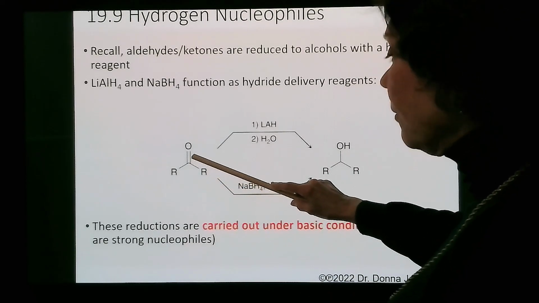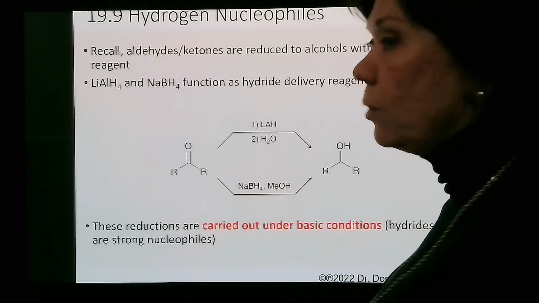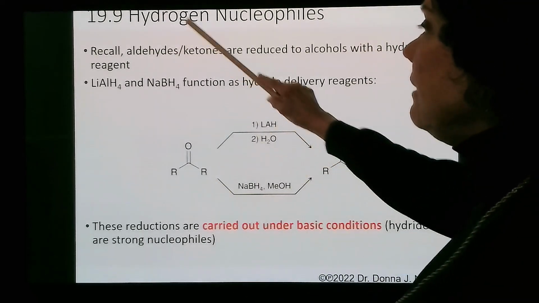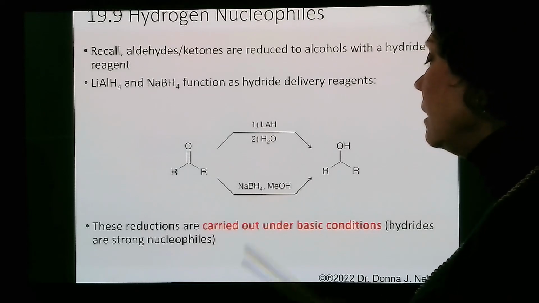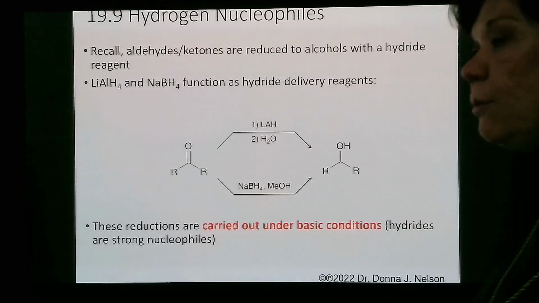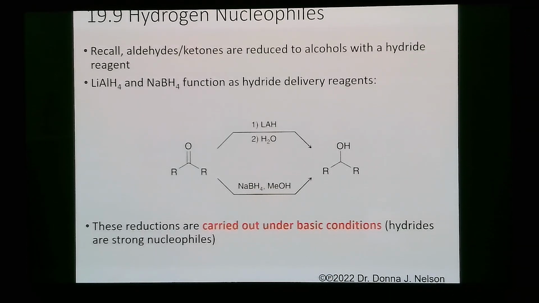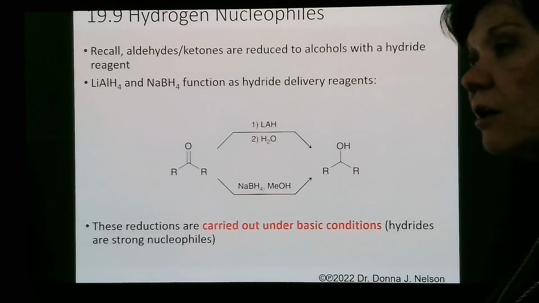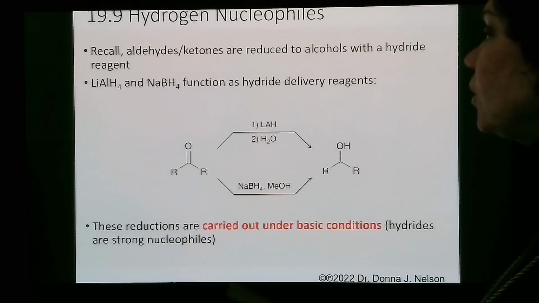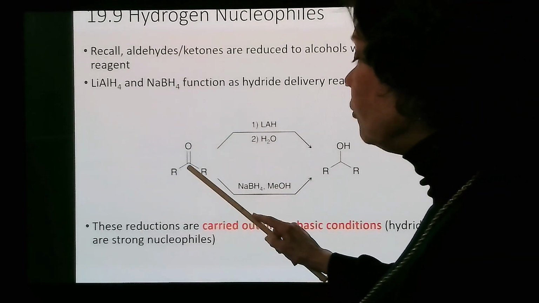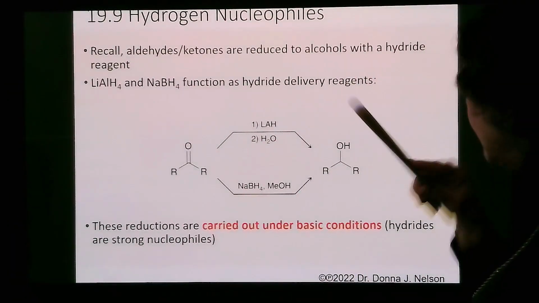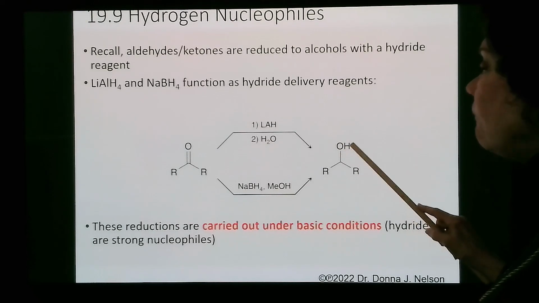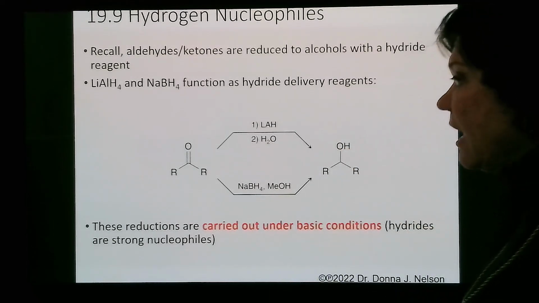So another reaction, we're going to a totally different reaction now, and this is using hydrogen nucleophiles. So lithium aluminum hydride and sodium borohydride are both reducing agents, and remember that they are very similar in that they furnish H-. And so when H- is furnished, it's going to simply attack at the carbonyl carbon. The overall reaction here will be formation of the alcohol.